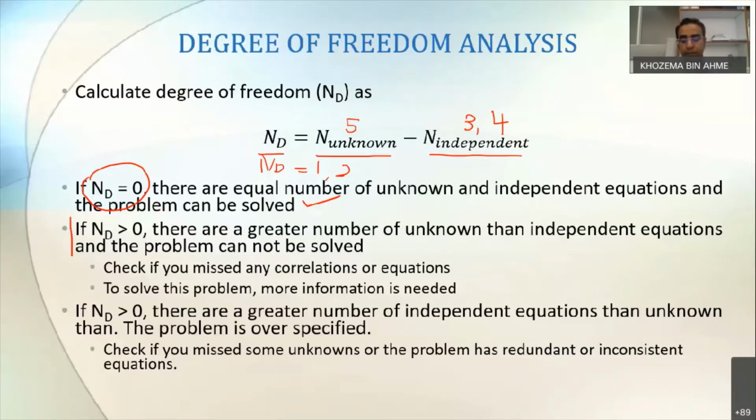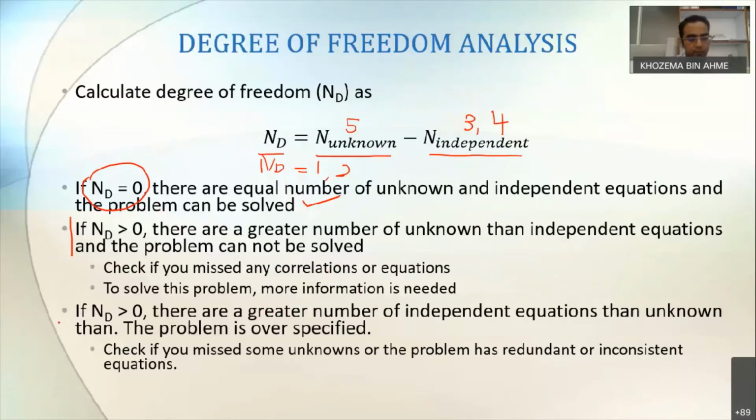So you are actually saving a lot of time. You're not wasting your time deriving the equations, writing the equations, trying to solve the equations, just to find out that the problem is unsolvable. This is a very, very good indication of why you should do degree of freedom analysis.